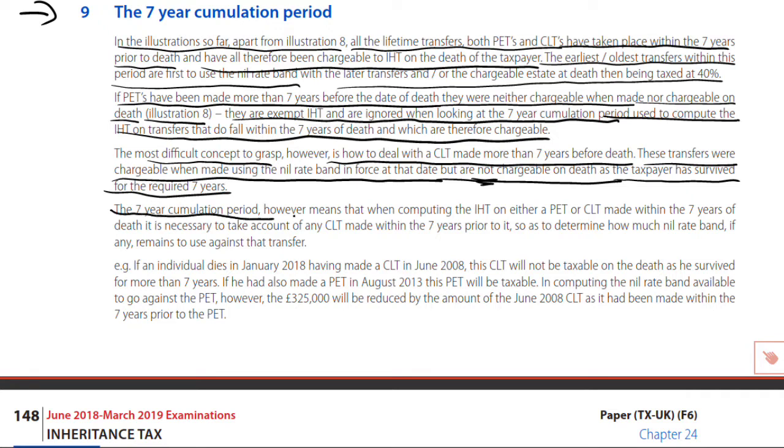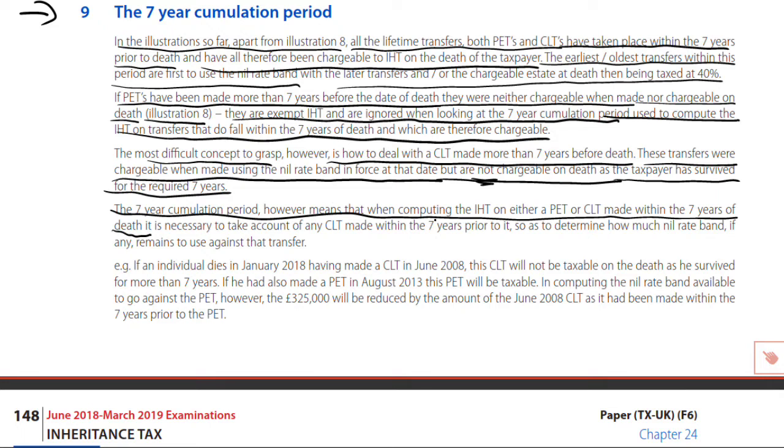So it means that when computing the IHT on either a PET or a CLT made within the 7 years of death, like in the previous example, it becomes chargeable on death.